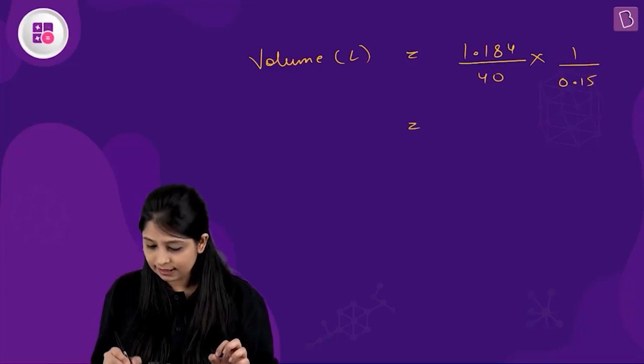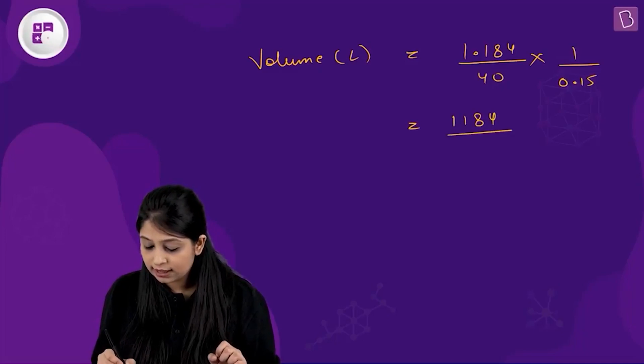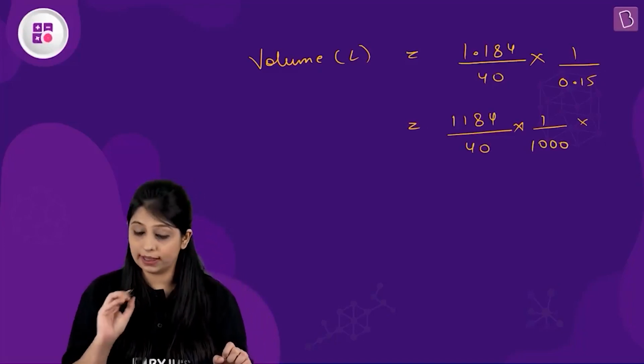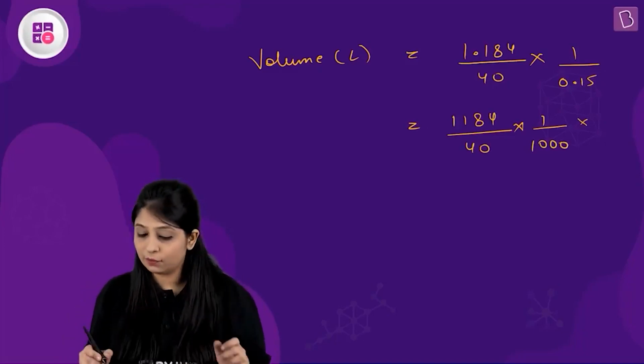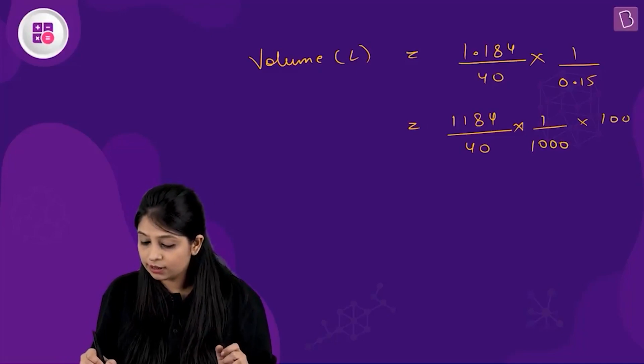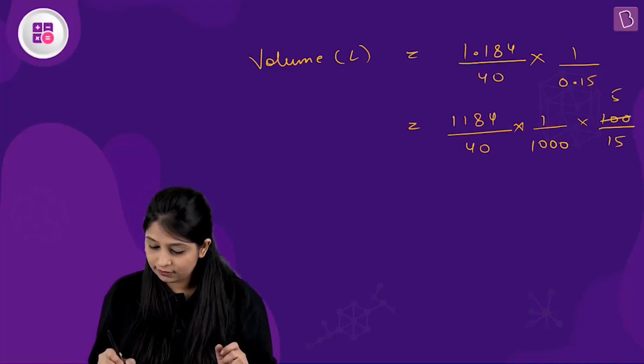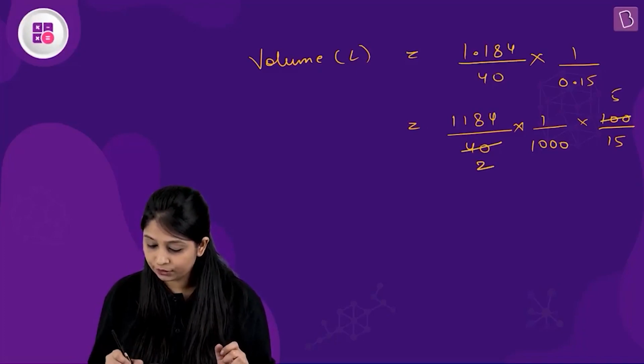Let's calculate this. This is 1184 divided by 40. We have 1000 in the denominator, right? Because I removed the decimal from 1.184. And this becomes 100 upon 15. Okay, so this is 5. This comes out to be 2, right?